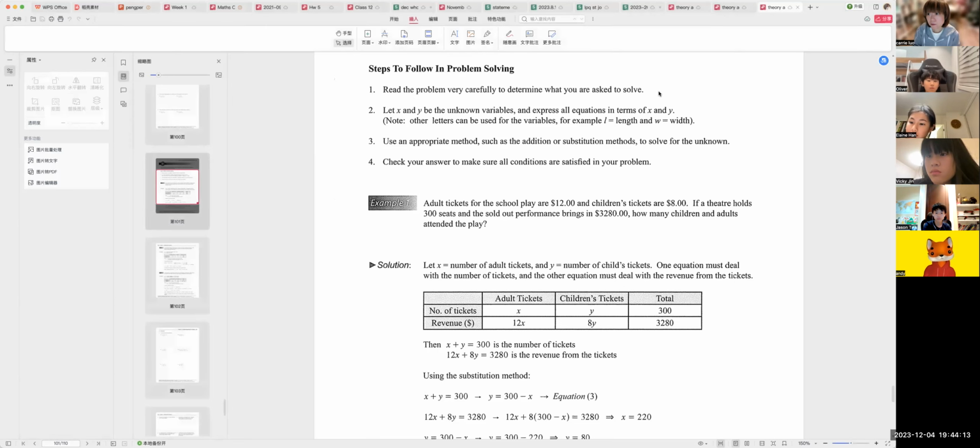So we can just say there are x adult tickets. Then the kids' tickets are 300 minus x.